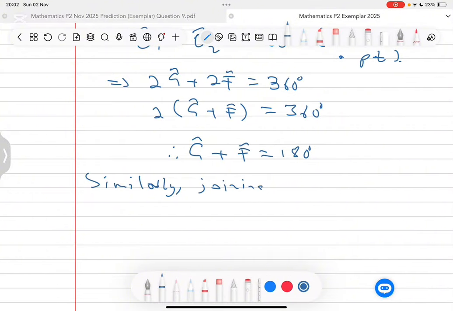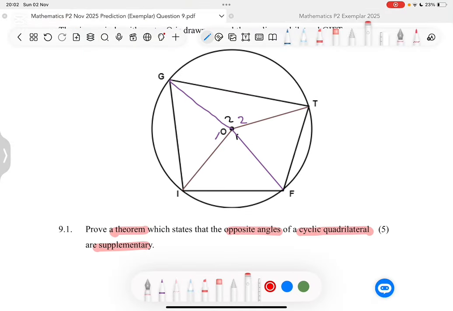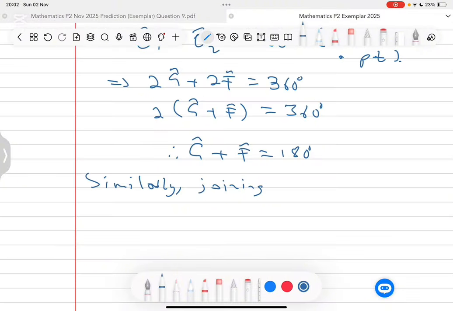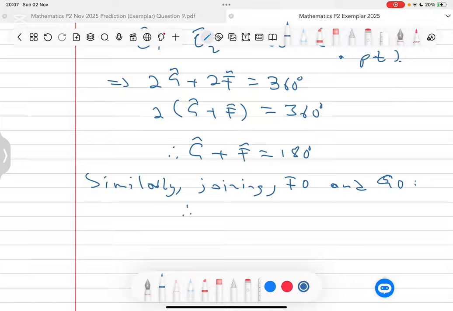joining or constructing the FO and the GO will result in angle T plus angle I being equal to 180 degrees, being supplementary.